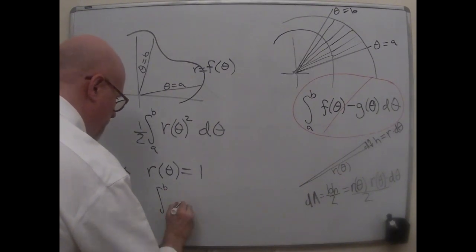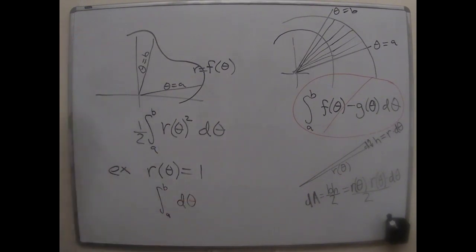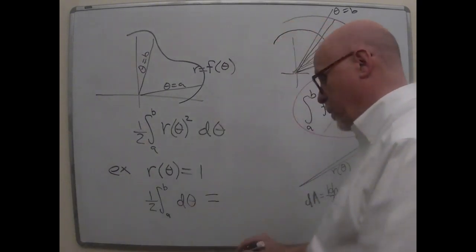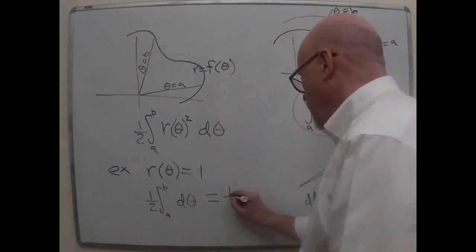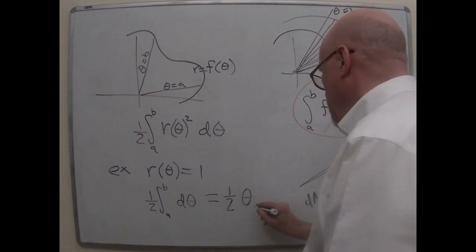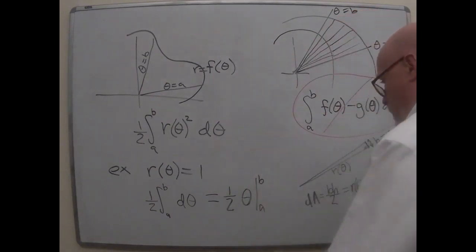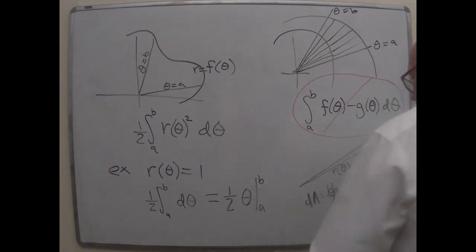Well, that's just d theta, right? I keep dropping that 1/2. Don't let me do that. Integral from a to b of d theta. What would that be? Well, if you integrate d theta, you'll get theta. So this is 1/2 of theta evaluated between these limits, b to a. So it's 1/2 of b minus a.